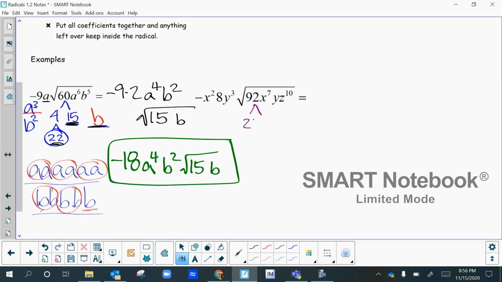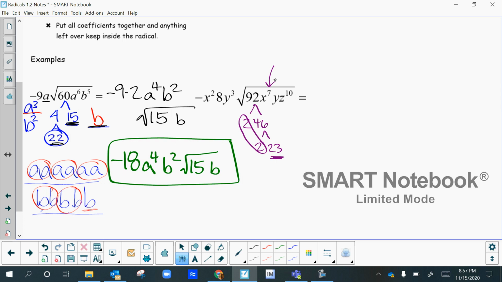So it's 2 times 46, and then I know 2 goes into 46 23 times, and 23 I'm pretty sure is a prime number, so we can stop there. So look, I have a pair here, and then I have that's going to be underlined. Okay, so this is going to go back under the radical, and then the 2 is going to come out and join that -8.